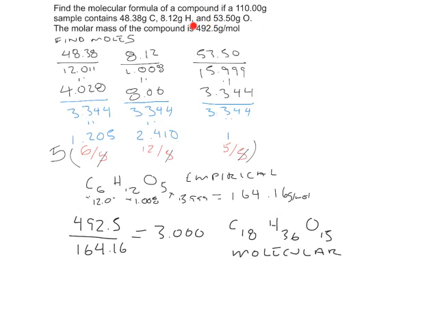See how many times larger, could be the same, but how many times larger the molar mass of the whole compound is. Should be reasonably close to a whole number, and then you can just distribute this to your empirical formula to get that. So that's it for empirical and molecular formulas. Hope you guys have lots of success on the practice problems, and we'll talk to you later.